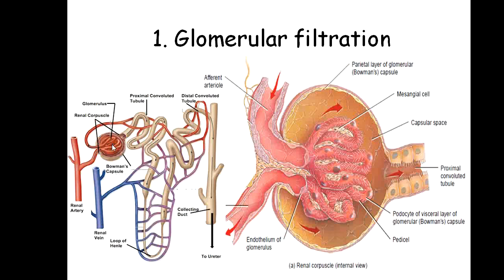If you connect two pipes with a junction, and that junction is the glomerulus, and that junction is a bit perforated, and the joining pipe is smaller in diameter, and you apply water pressure in the pipe which has the large diameter, what will happen? 600 ml of blood reaches over here each minute.